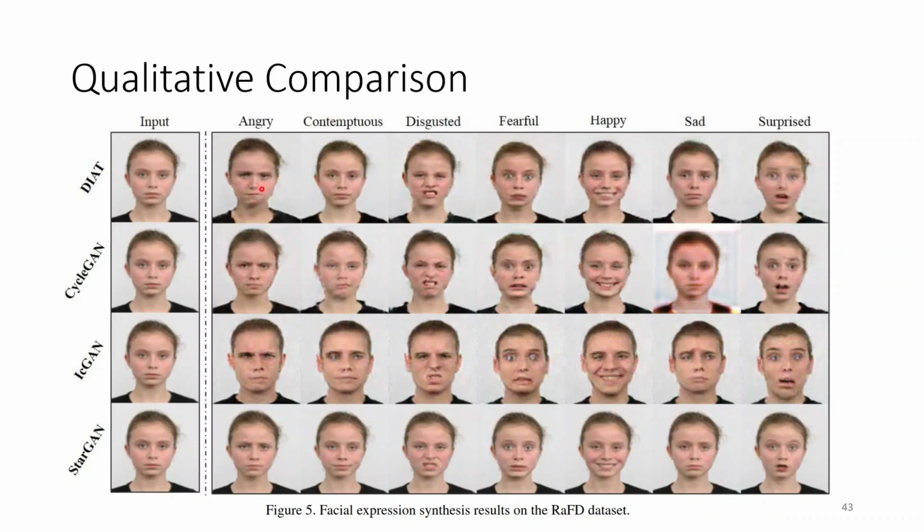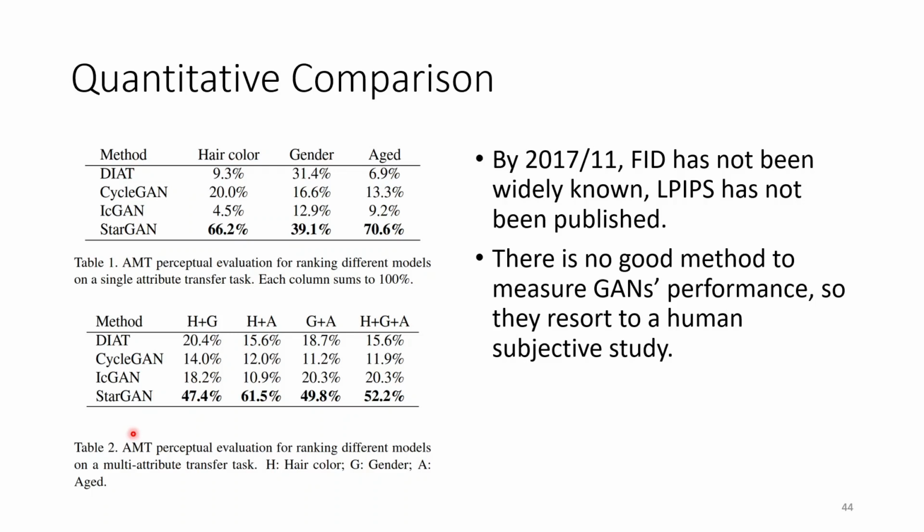So usually this is the neutral. Okay, they transfer the neutral to either of them and transfer it back. And as I say, until 2011, there is no very effective metrics to measure the quality of images generated by GANs.